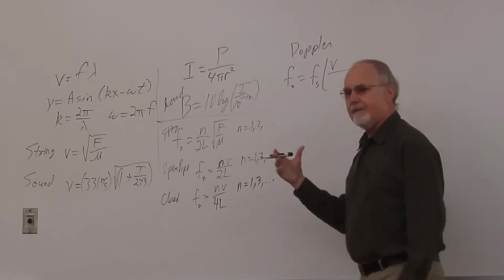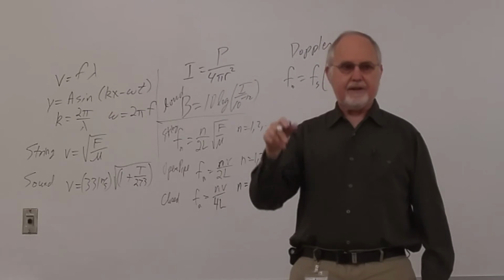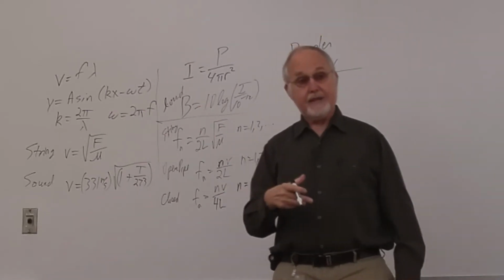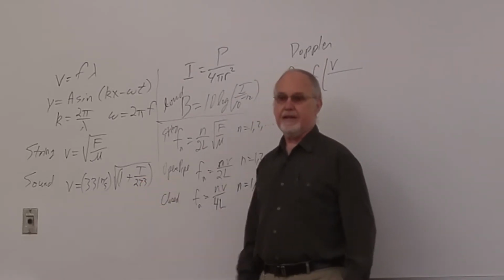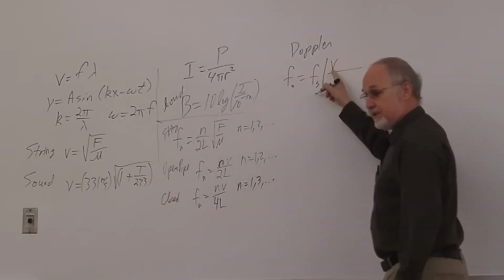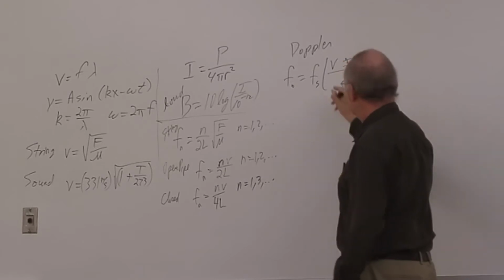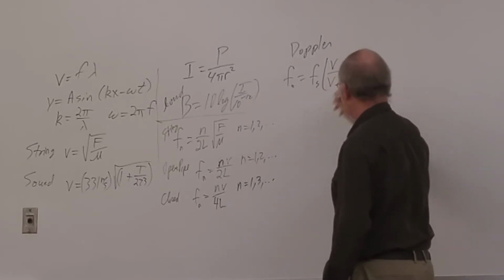In fact, I'll probably put that on the board here to test. Speed of sound in air, 345 meters per second. So use that unless you're told the temperature, and then you use this equation to find the speed. Speed of the sound wave plus or minus the speed of the observer, divided by the speed of the wave minus or plus the speed of the source.